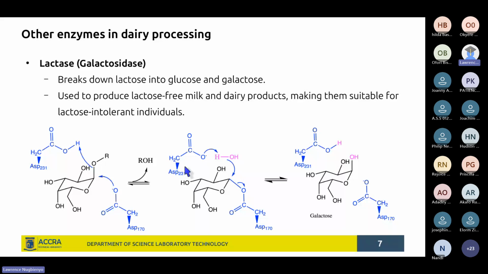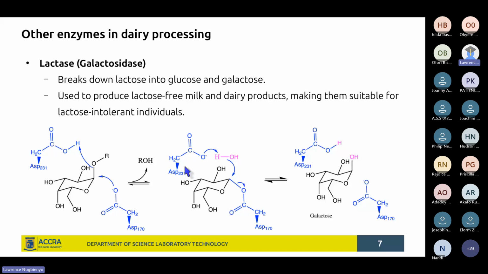Because once the milk sugar lactose is broken down in such a product, for someone who is lactose intolerant, there will not be any lactose in that milk that can cause any adverse effects.